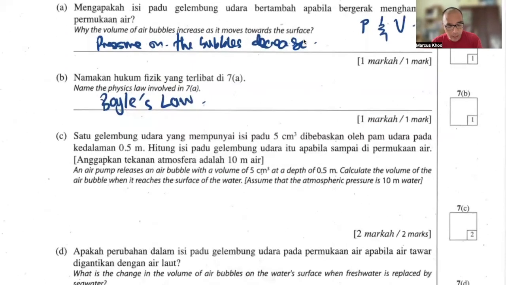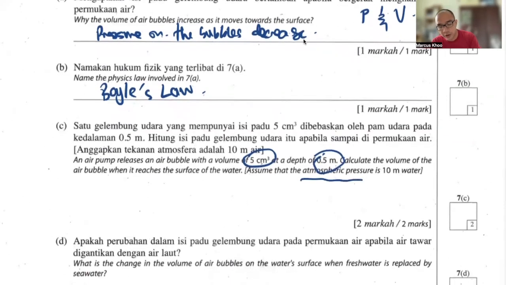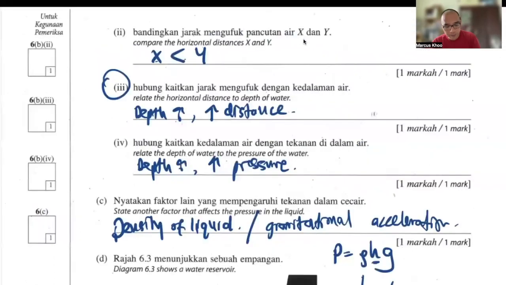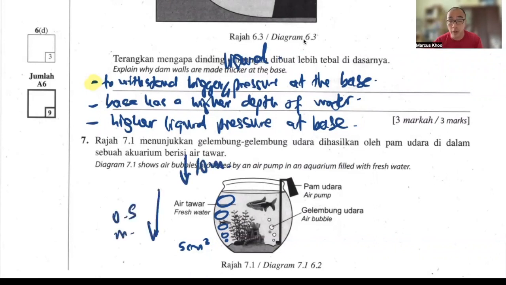An air pump releases an air bubble with a volume of 5 cm³ at a depth of 0.5 m. Calculate the volume of the air bubble when it reaches the surface of the water. If they give atmospheric pressure, you will have to use atmospheric pressure. Since it is all in meters, at the bottom here is 5 cm³, and the pressure is 10 meters of water plus another 0.5 meters of water.